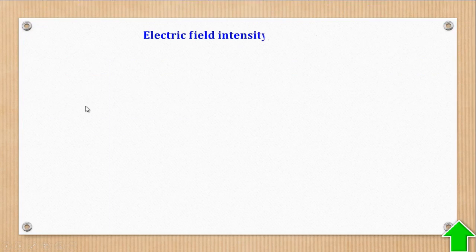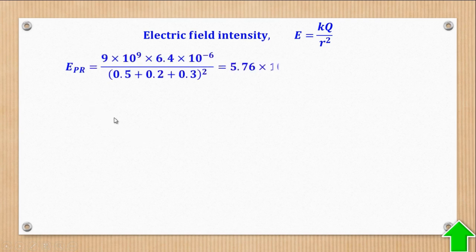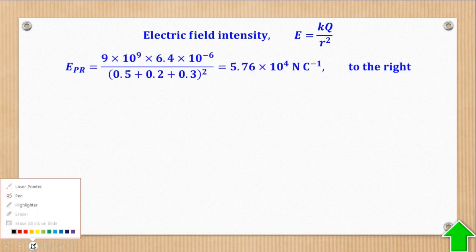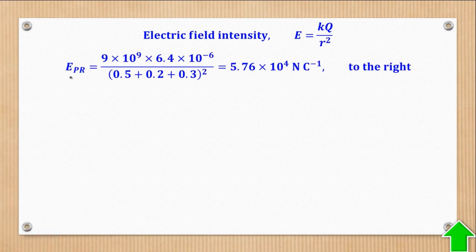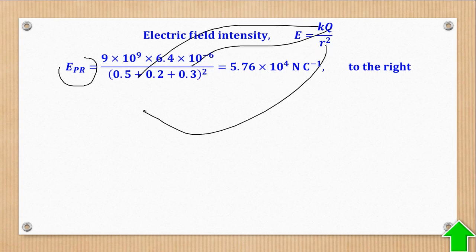So I shall come here and say electric field intensity is given by that formula, therefore I can now substitute. So substitute electric field intensity at P due to charge at R, substitute for K, then for Q at R, then for the separation.